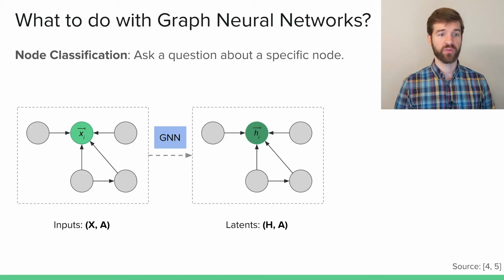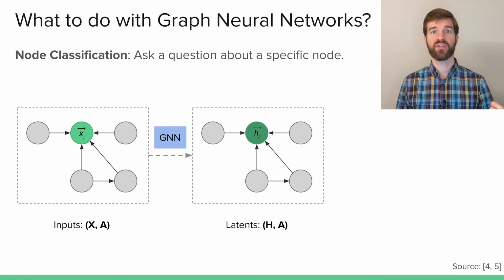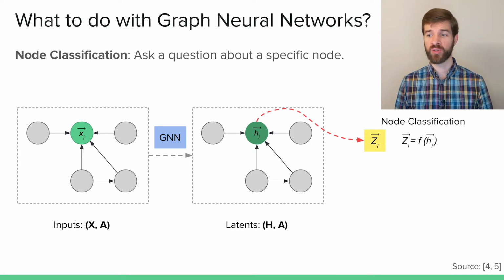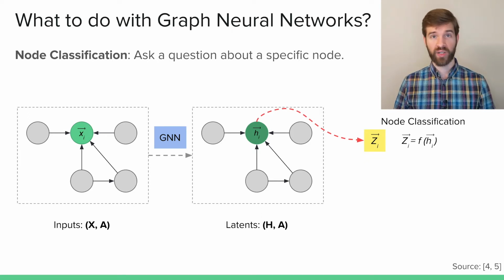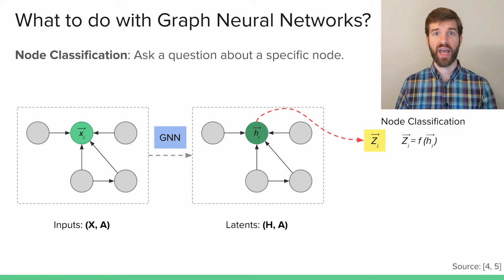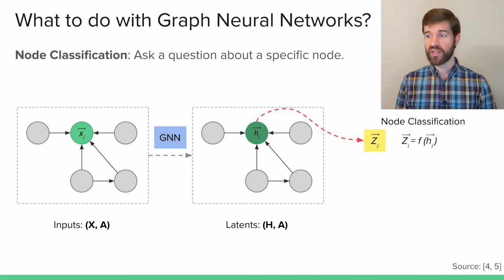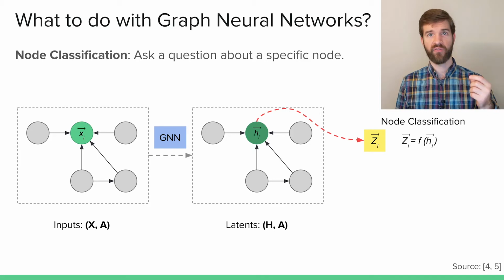And the first thing we could do with it is we could try to answer questions about the specific node. That thing would be called node classification. And one example of node classification could be if you have a data set of research papers and the edges between those nodes would be citations, then you could say, okay, I have a certain paper.